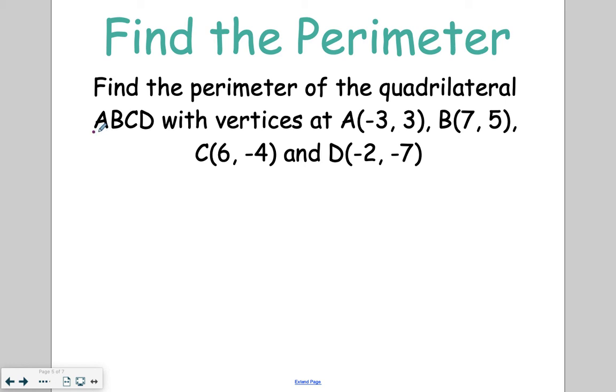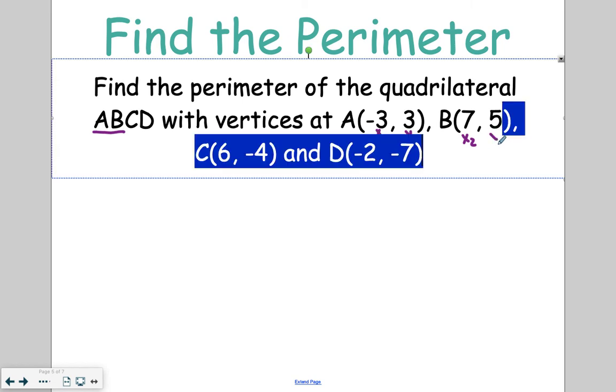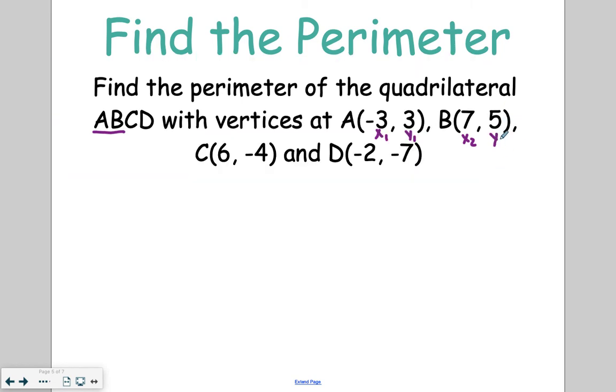So the first side is going to be AB. So I'm going to use X1 and Y1 and X2 and Y2. So for side AB, I'm going to have the square root of X2, which is 7, minus X1, which is -3, squaring that, plus Y2, which is 5, minus Y1, which is 3, squared.